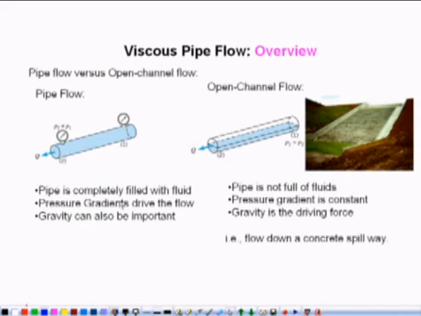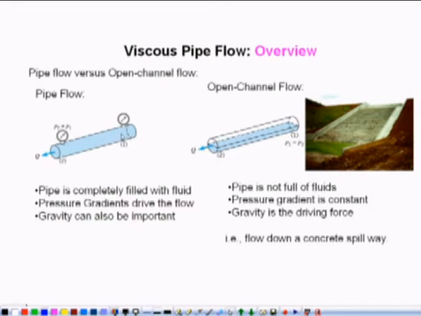To understand the difference between pipe flow and open channel flow, we have these two figures. In figure number 1, we have a fluid flowing through this pipe, and the pipe is fully filled with fluid. Here we have a pressure difference between 1 and 2. Because of the pressure difference there is a flow.